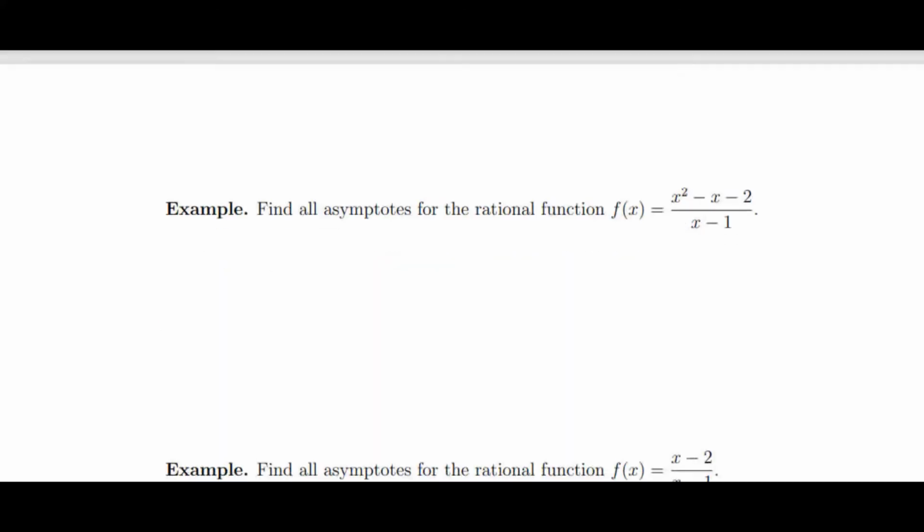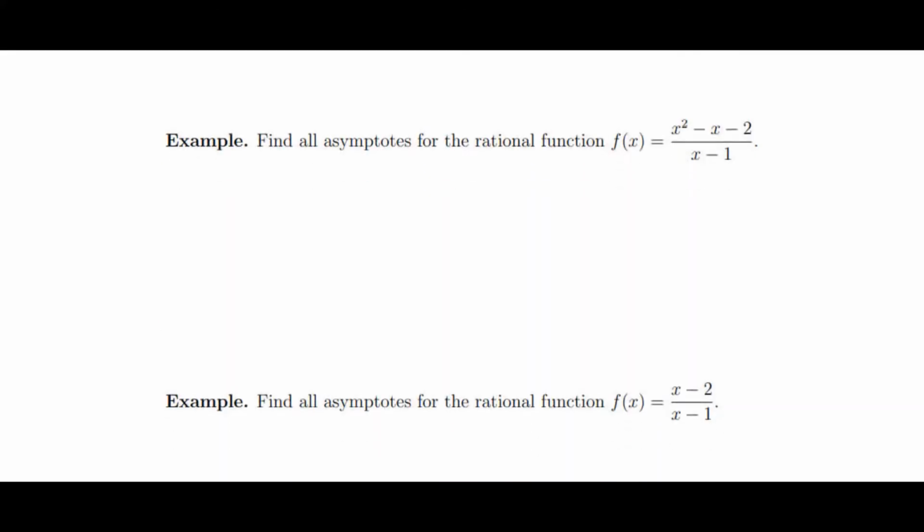Okay. So for a rational function, at first we need to find those asymptotes. For those asymptotes, at first we check the denominator. The denominator cannot be 0, right? So if the denominator equals 0, then we say this is the vertical asymptote.